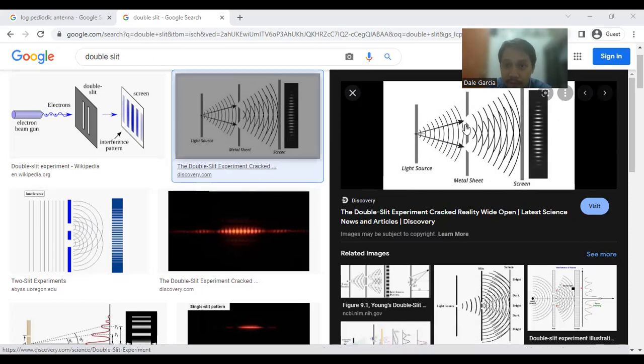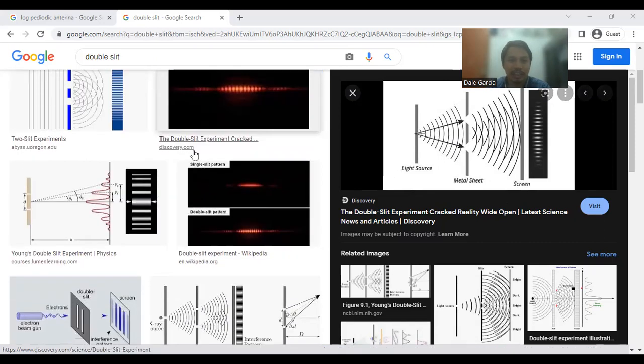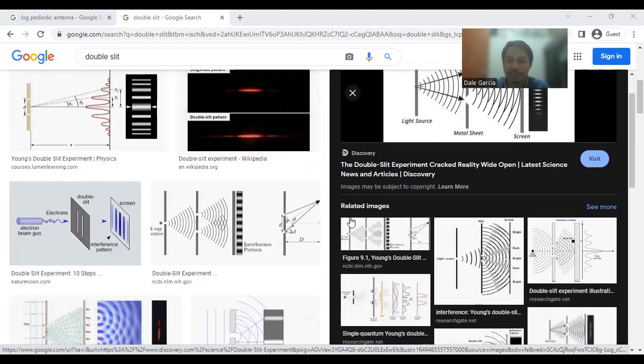At corners, or in corners. When electromagnetic waves hit very sharp corners, what happens is that it creates another electromagnetic source. It is as if it is a new point source.